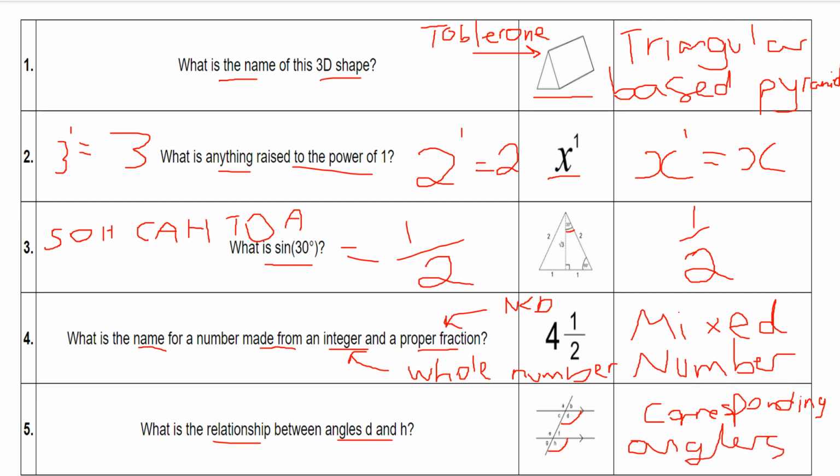It is like an F shape. I've got to make sure that I've got 2 parallel lines and a line that intersects 2 parallel lines. So it's like an F shape. Think of it like that. So this angle is the same as this angle here. That's what I mean by corresponding.